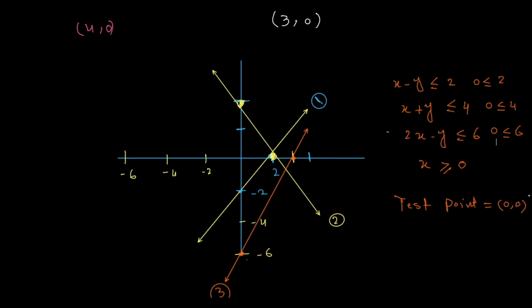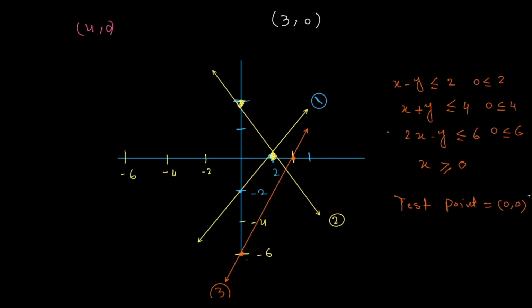The inequalities are x minus y less than or equal to 2, x plus y less than or equal to 4, and 2x minus y less than or equal to 6. So this means that all the lines have their solutions towards origin, and also x is positive.